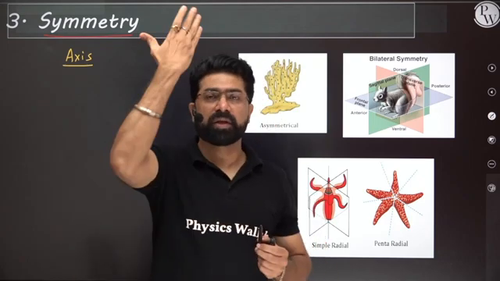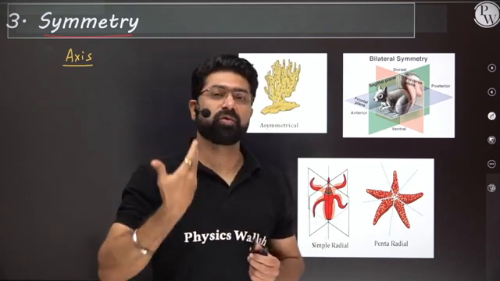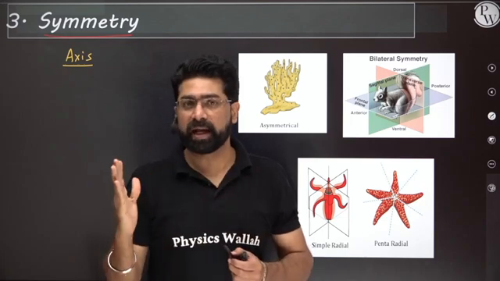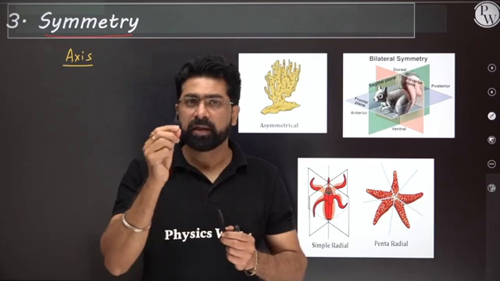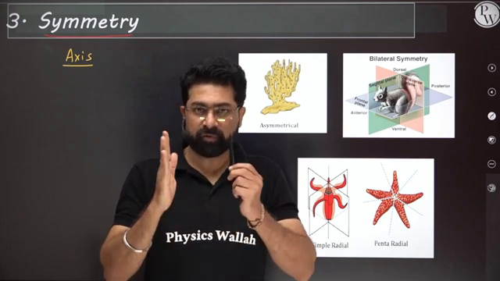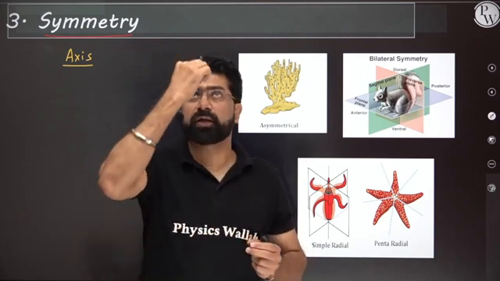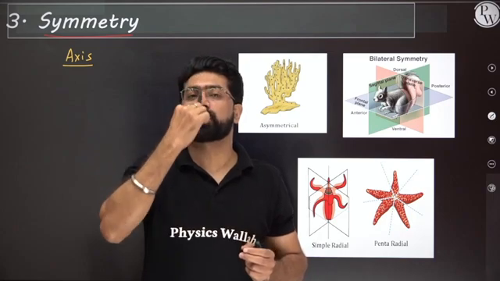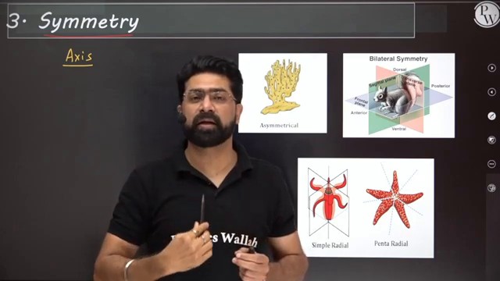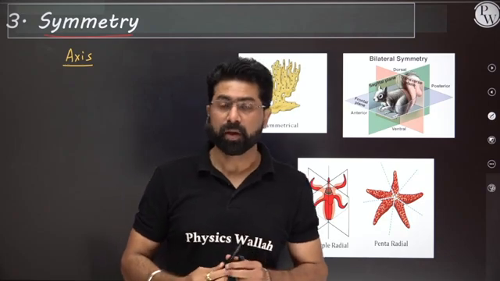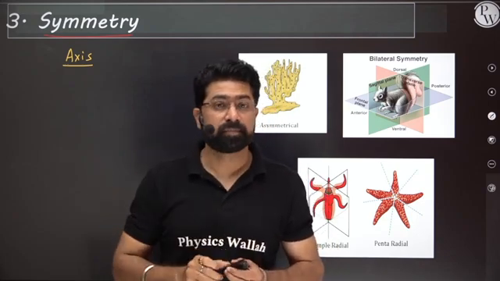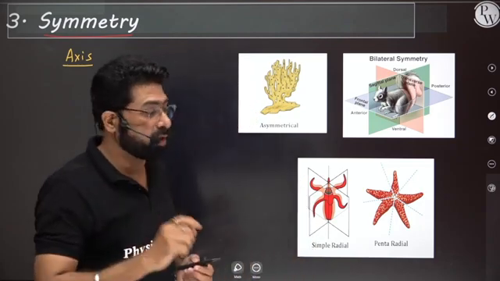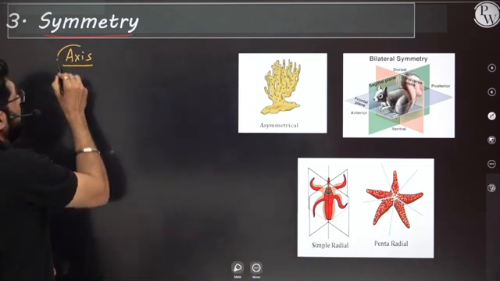If you cut me from this side, will you find equal right and left halves? No. So if you want a particular left and right half of an individual, you have to cut it exactly from the middle portion, that is, passing through the sagittal plane. Is it okay? So how did you come to know it has to pass through that particular plane? That is because of this term, axis.